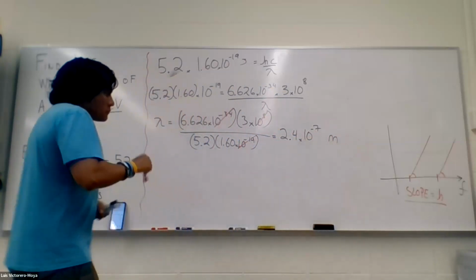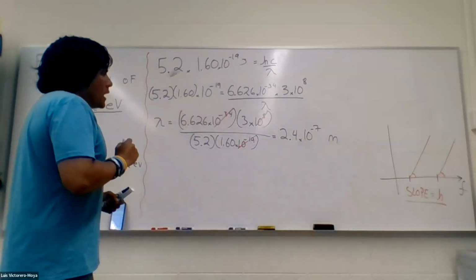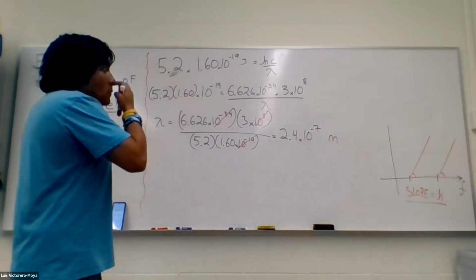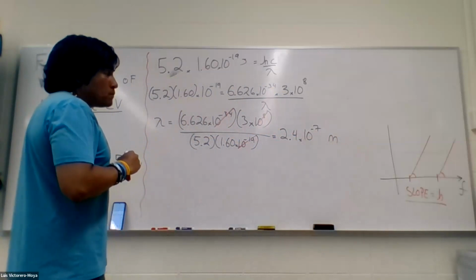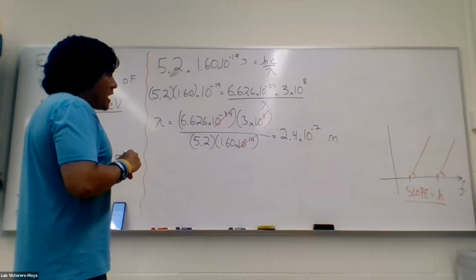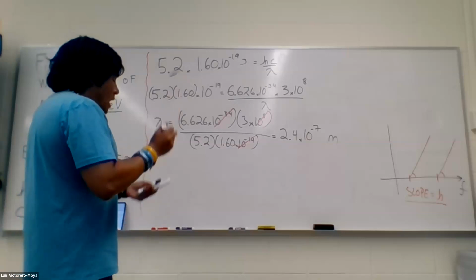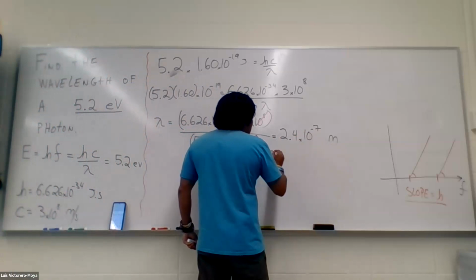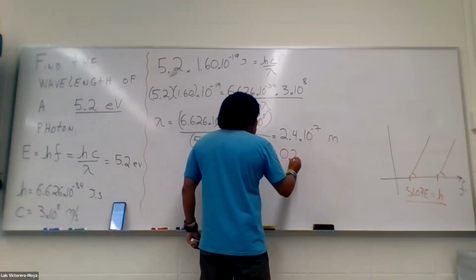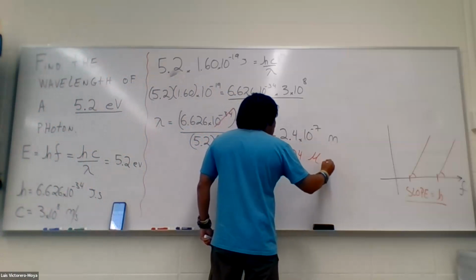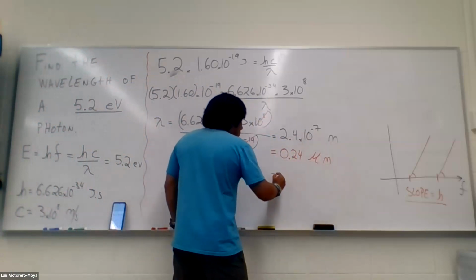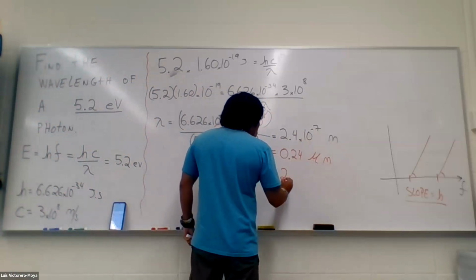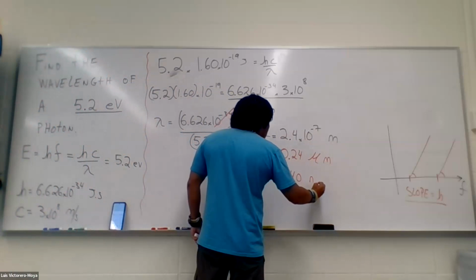Now, let's suppose they don't give you the answer in meters. We could change that to micrometers, divided by 10 multiplied by 10, 0.24 micrometers, or divided by 100, multiplied by 100, 240 nanometers.